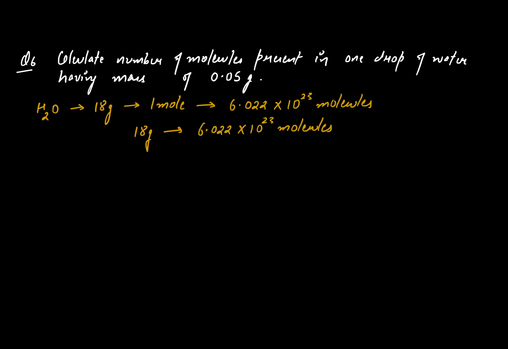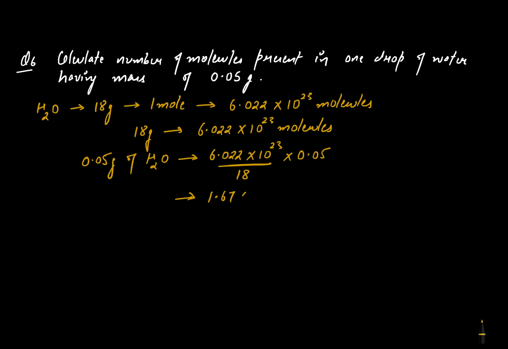So 0.05 grams of water will have how many molecules then? It comes out to be 6.022 into 10 raised to the power 23 divided by 18, into 0.05, and this comes out to be 1.67 into 10 to the power 21 molecules.